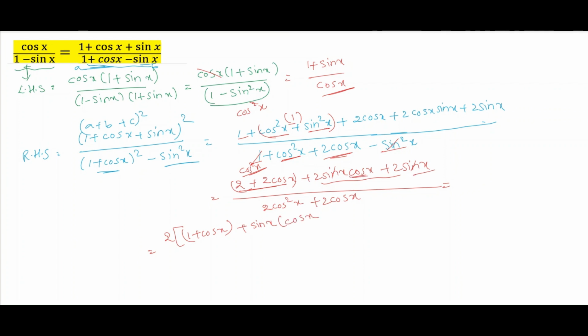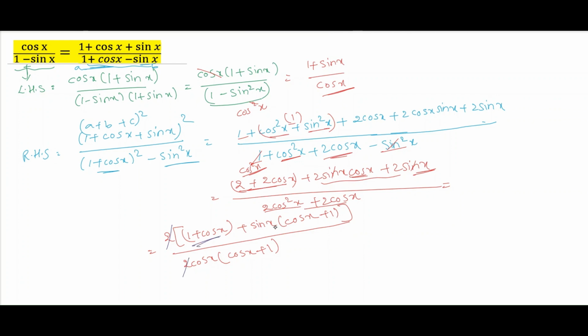And in the last term, we don't have anything. So it means plus 1. In denominator also, we can take 2 cos x out. So it is 2 cos x of, from the first term, we will have cos x remaining, the second term plus 1. Now check this, we can cancel the 2 and 2.